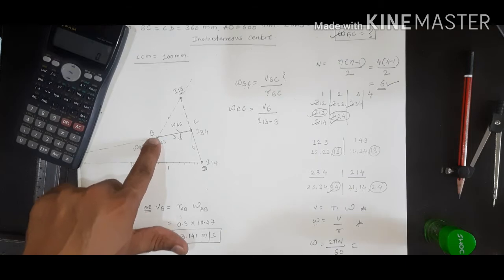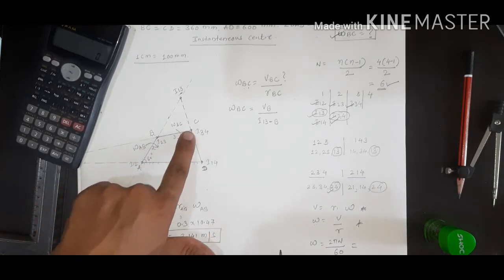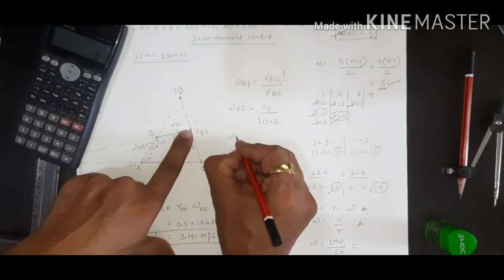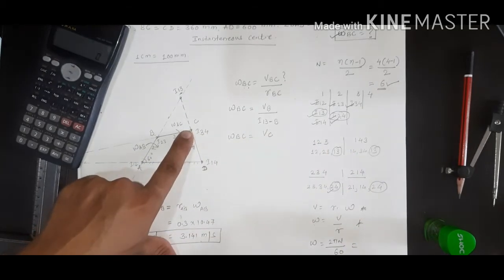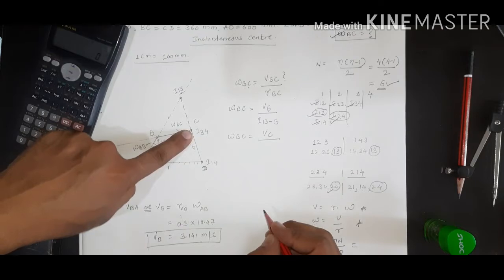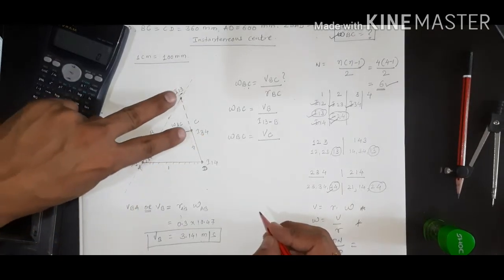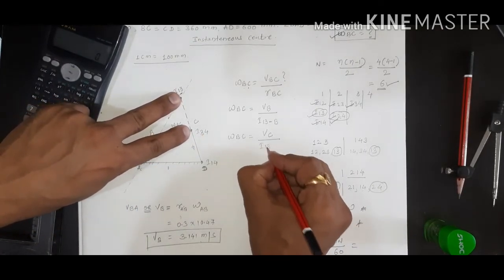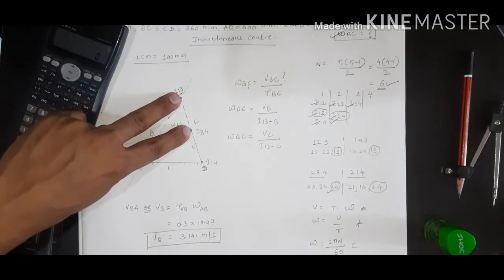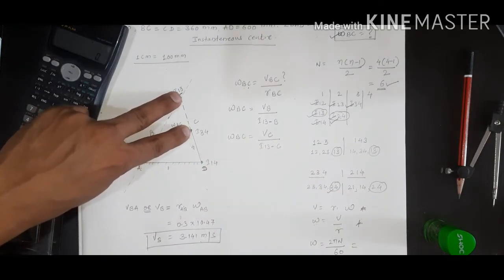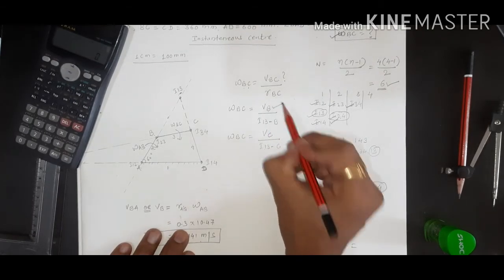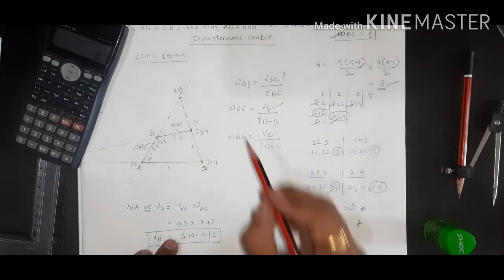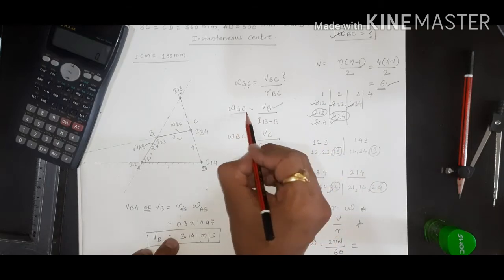Same way, if I want to calculate it with respect to point C, then omega BC will be equal to VC divided by the radius for point C, which is I13C, right?